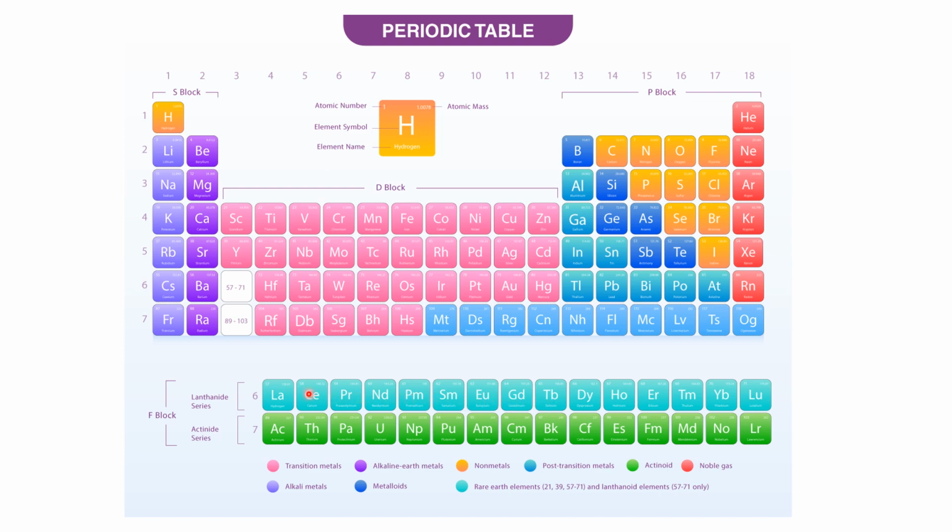They come in the F block. And these are called actinoids. They are also coming in the F block. So actinoids and rare earth elements are coming in the F block.